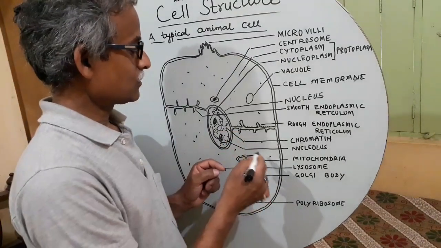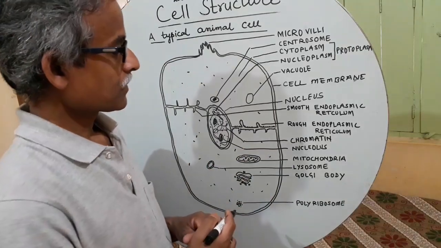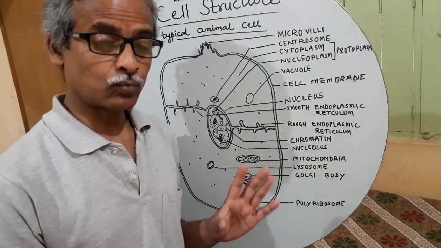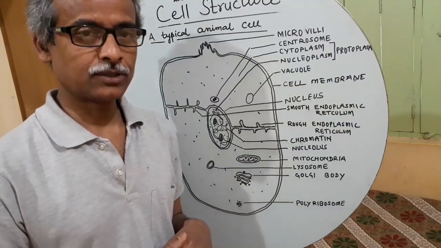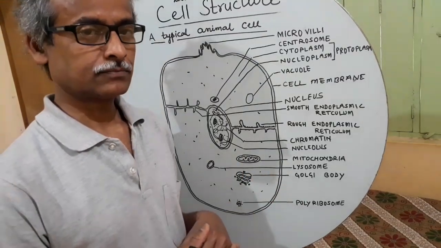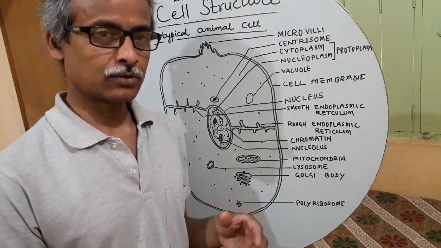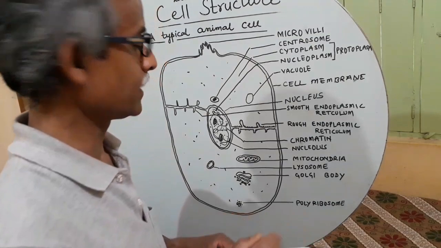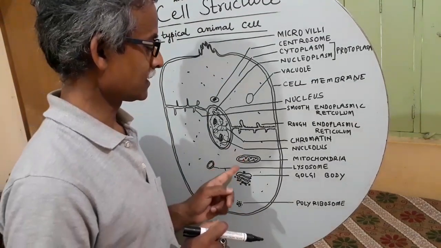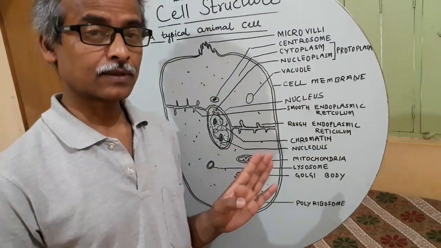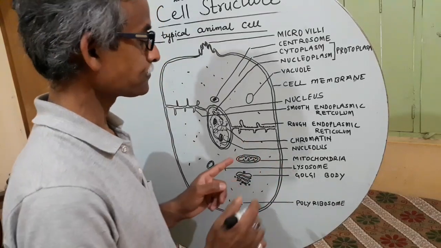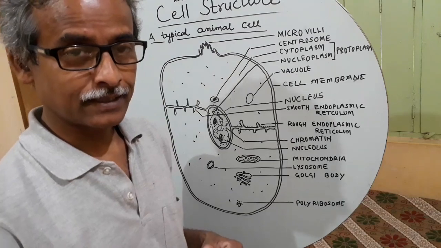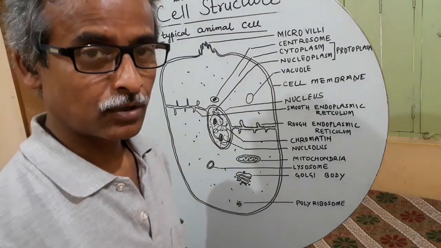So a rod like or capsule like structure which produces most of the energy in all aerobes, that is, all the living organisms which do respiration in the presence of oxygen are called aerobes. In those organisms, mitochondria is found much more in number. As it produces most of the energy of the cell, it is also known as powerhouse of the cell.